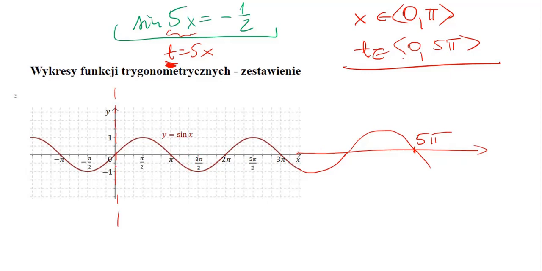Here, here, here, and here, right? Correct: 1, 2, 3, 4 points. Let's first try to read them. Sine equals 1/2 for alpha pi over 6, for 30 degrees, right? So it's like here.